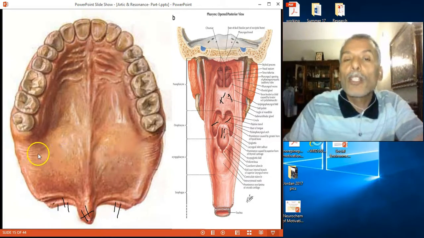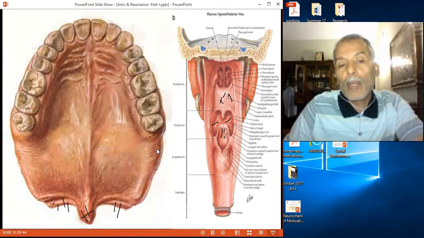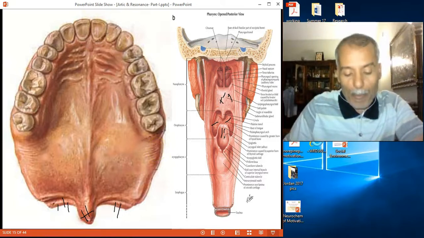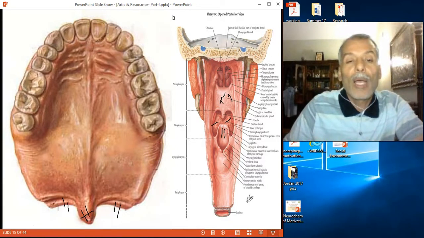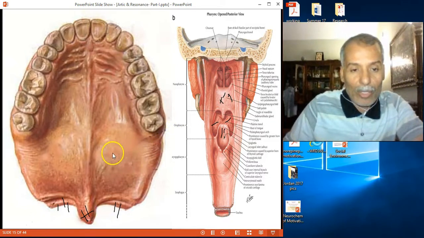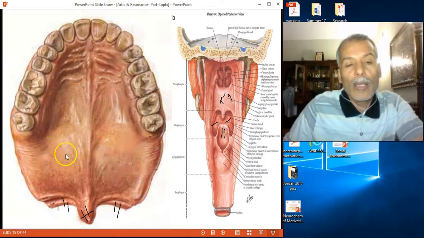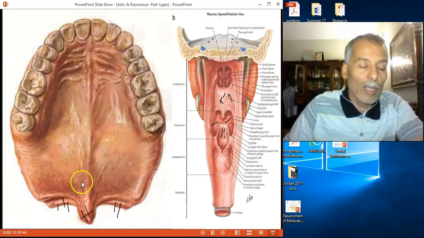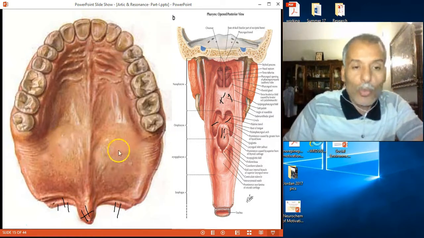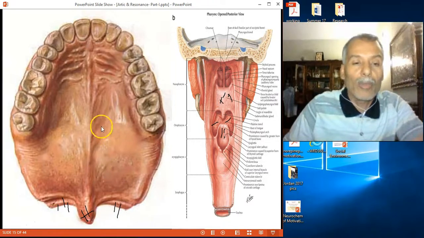The palatal aponeurosis is a tendon that is made by a muscle called the tensor palatini muscle, and it sends down the tendon, and then it inserts onto the posterior margins of the palatine bone, and then the other soft palate muscles attach to the tendon, and now you are attaching the muscle to the hard palate.